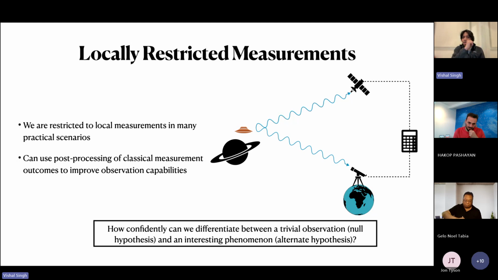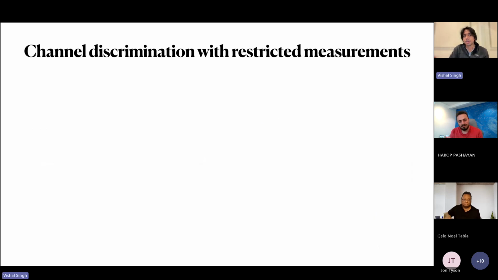Now we ask the question: how confident can we be in differentiating a trivial observation from an interesting phenomena? People who are in information theory might know that I'm going to hint at hypothesis testing.